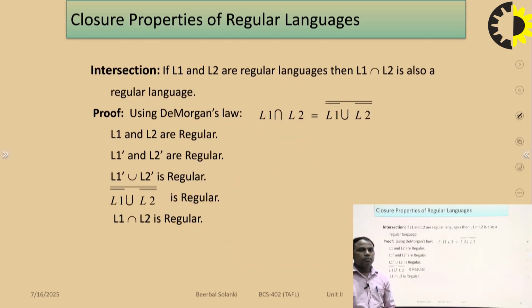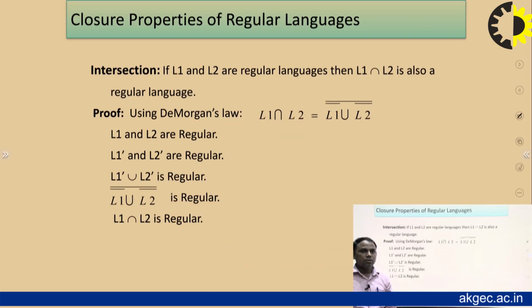So now we write the intersection. Suppose L1 and L2 are regular languages, then L1 intersection L2 is also a regular language.